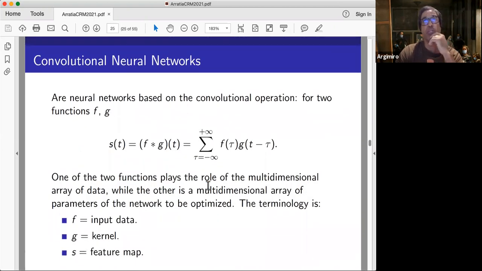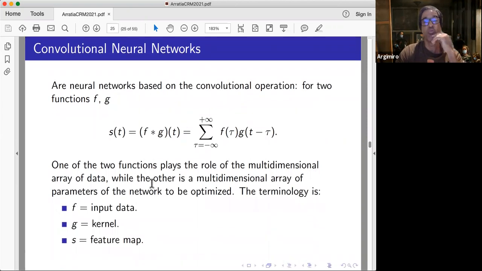So convolutional neural networks are just neural networks that use convolutions for making their operations, all right? Here, the convolution is made on the input data, and there is the kernel that precisely makes the convolution with the features and creates this feature map, okay?